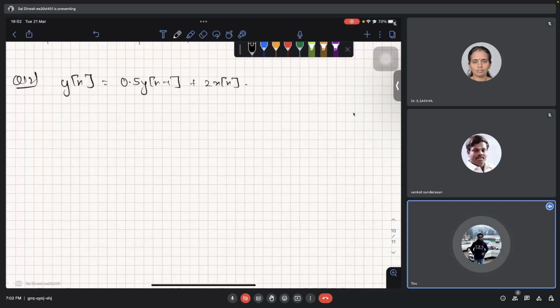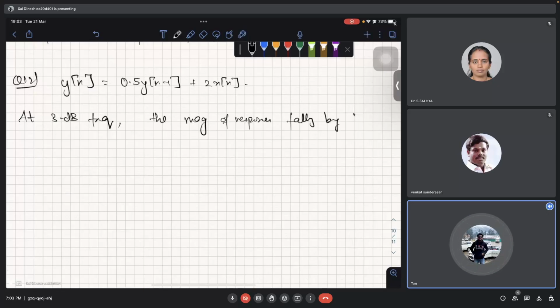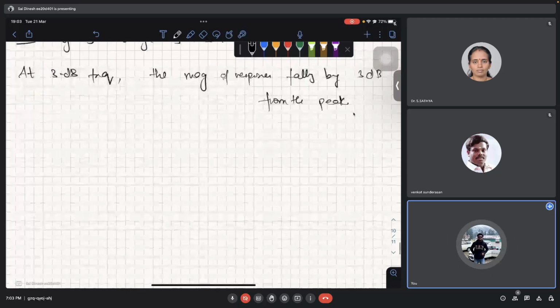So at 3 dB frequency, the magnitude of the response falls by 3 dB from the peak, basically.